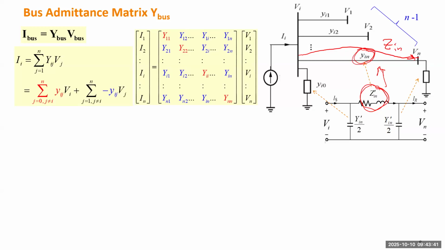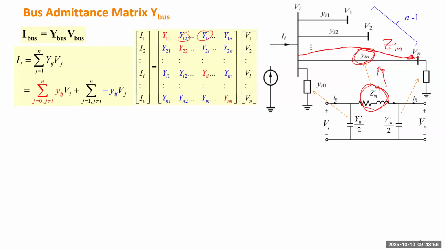So in our final bus admittance matrix, we have just a single Y representing the connection. Even if you have multiple branches, you have to combine them into the total admittance.